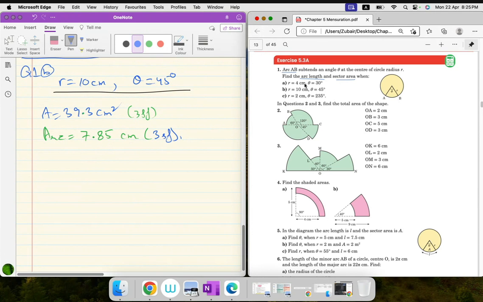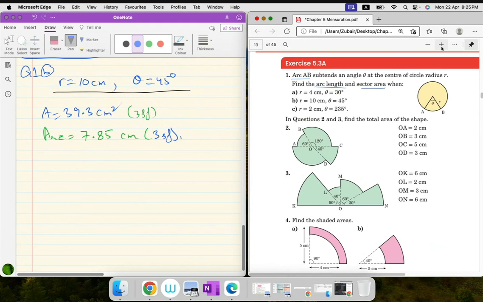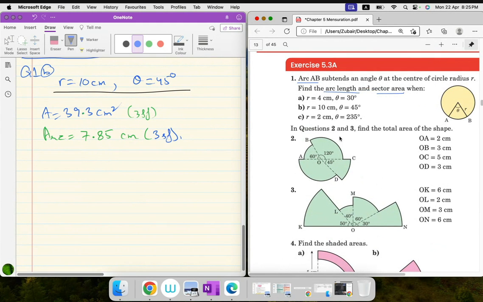I'm coming to question number 2. In questions 2 and 3, find the total area of the shape. We're given a few lengths. OA is 4, and that's a radius. OB is 3. OC is 5.